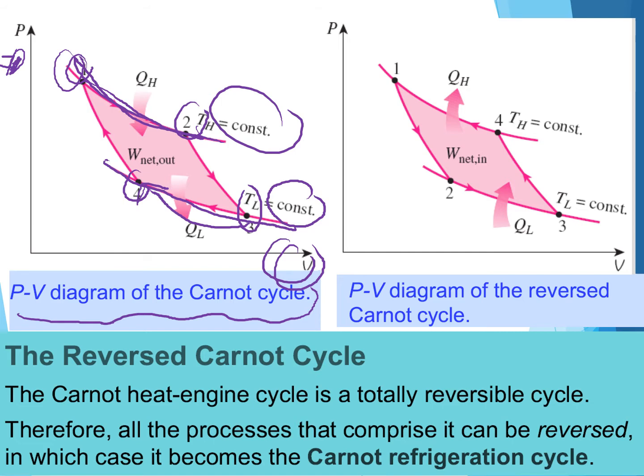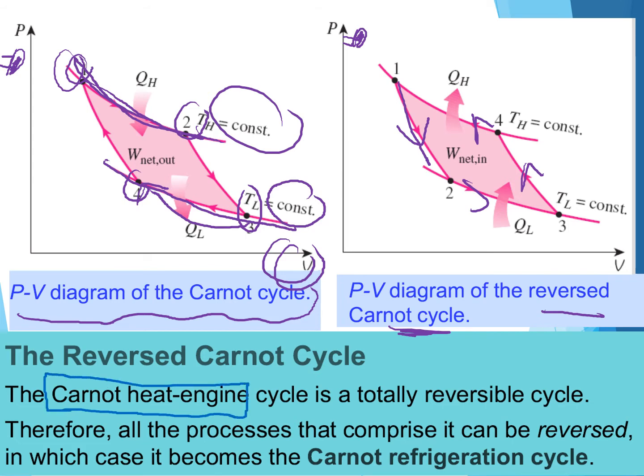And then the second figure here just shows the reverse Carnot cycle, which illustrates the cycle in the reverse direction, right? Okay, so now if you see this, a Carnot heat engine, what is that?